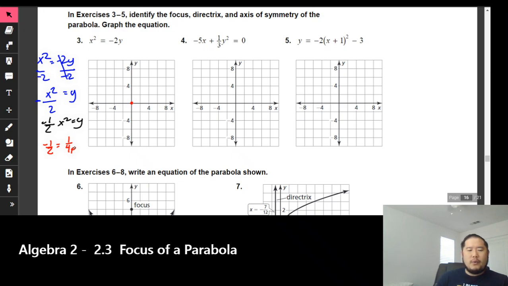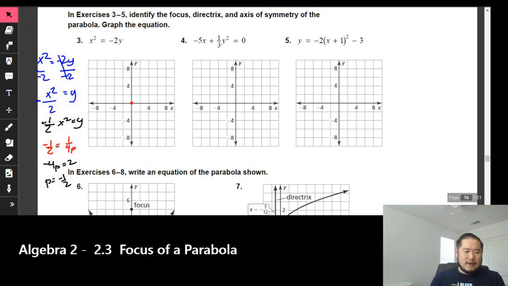This is the only way I can solve and figure out the letter p in this instance. There are several ways we can go about solving this. We could cross multiply. I get -4p is equal to 2, and p is equal to -1/2. So that is our value of p.